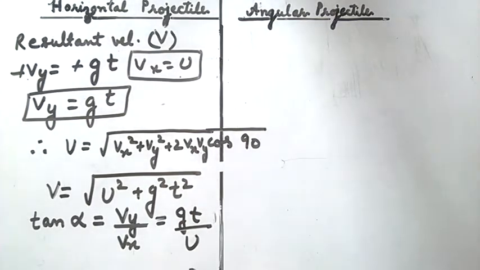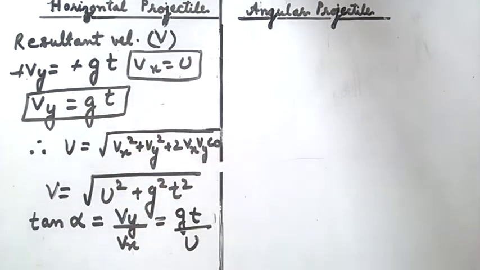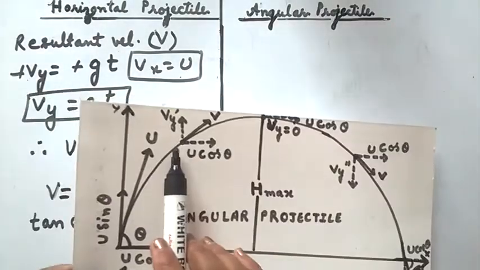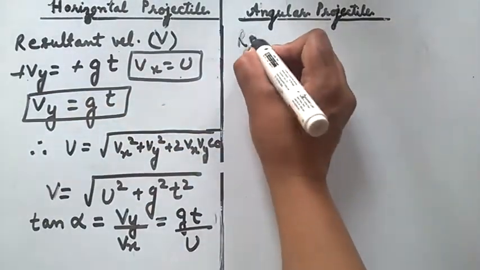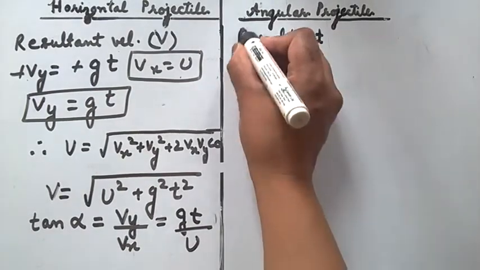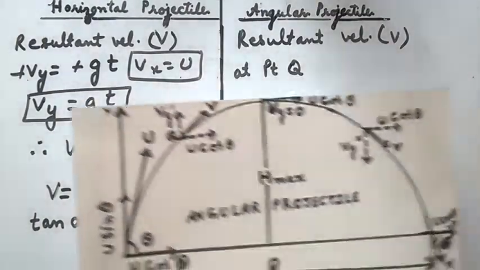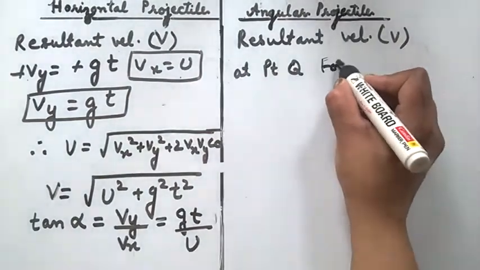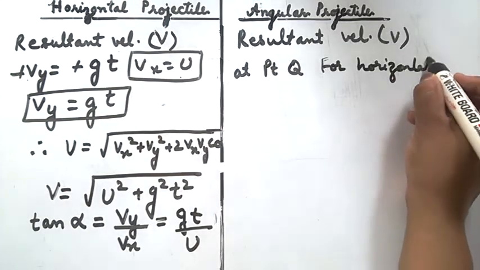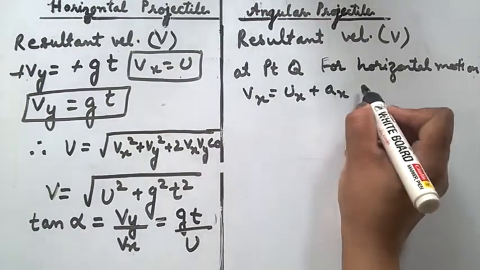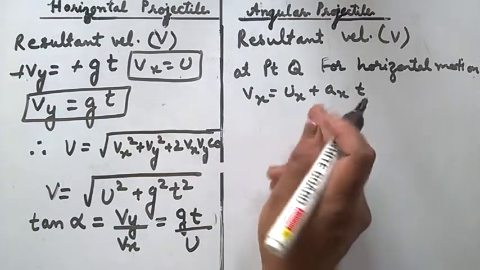Similarly, for angular projectile at any point, resultant velocity at point, let it be Q, for horizontal motion, equation is Vx is equivalent to ux plus axt, and initial velocity along x direction is the component, that is u cos theta, as ux is equivalent to u cos theta, which is constant.